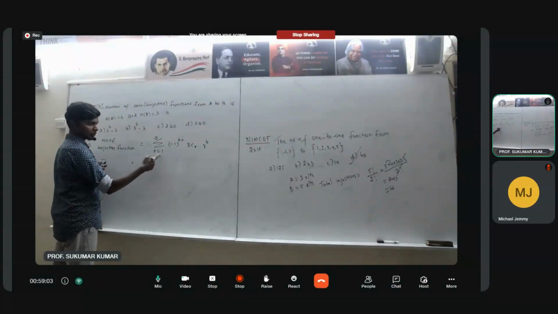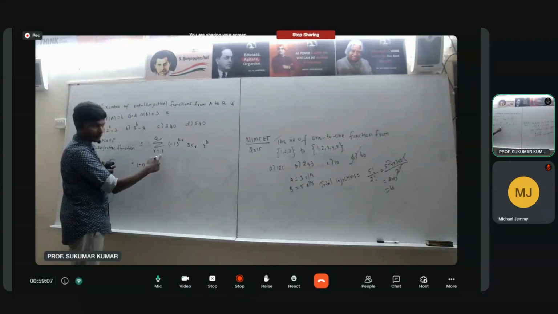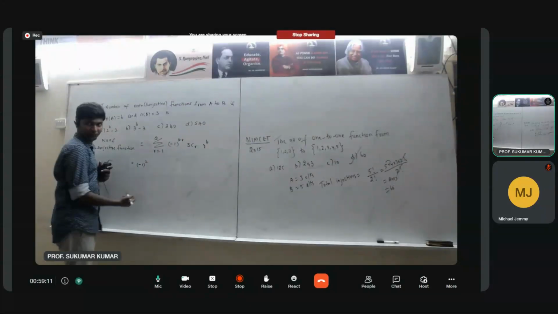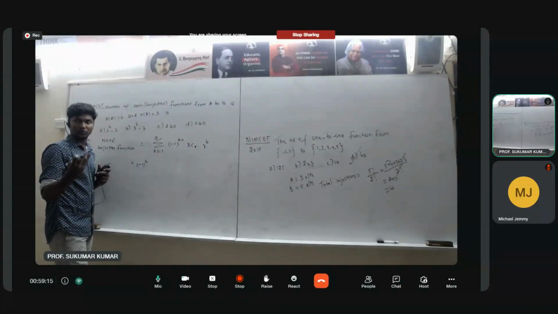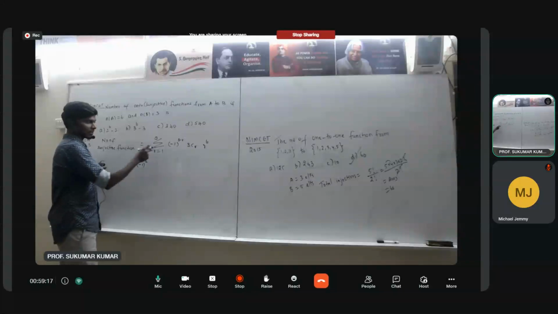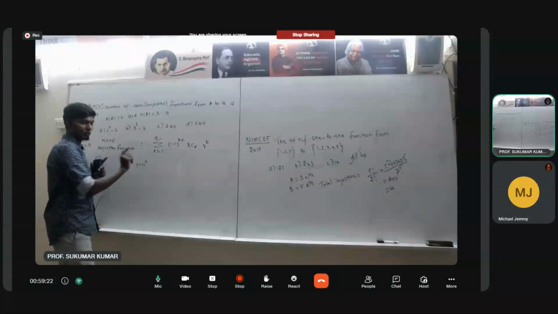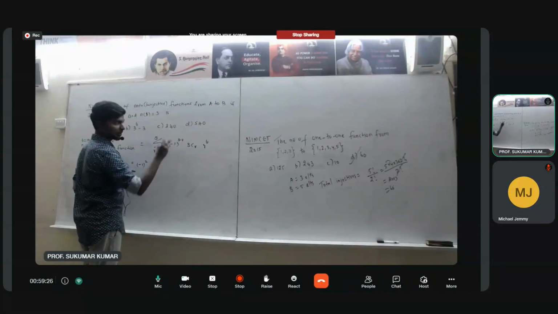Summation, R runs from 1 to N, where N is 3, so minus 1 to the power 3 minus R, 3CR, R to the power 6. R runs from 1 to 3, so R is equal to 1, 2, and 3. If it were R from 1 to 5, it would be 1, 2, 3, 4, 5. First R equal to 1: wherever you have R, apply the value 1.